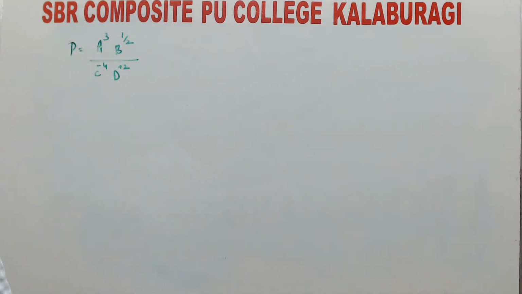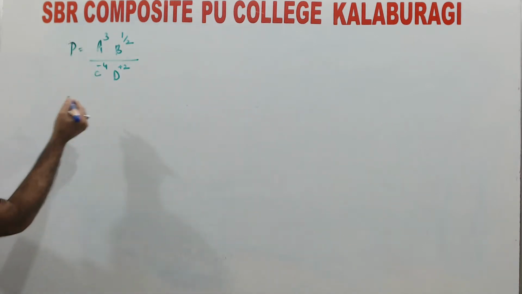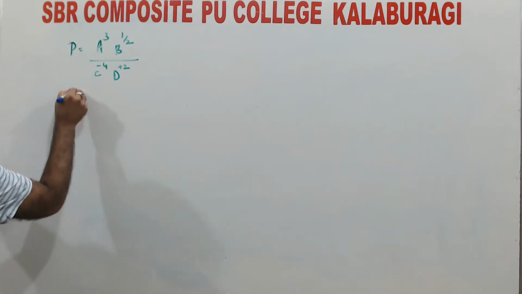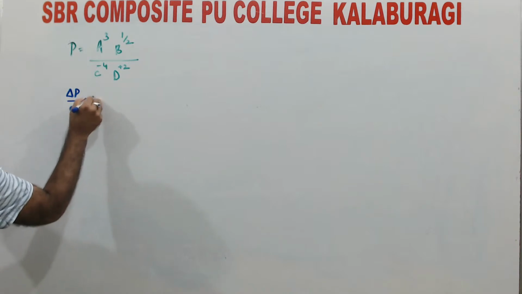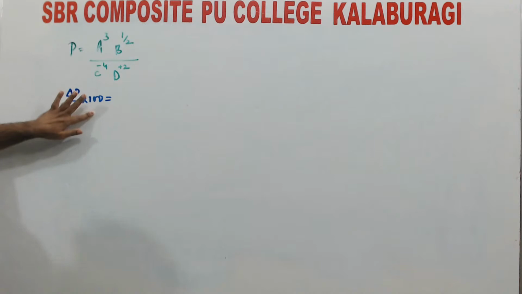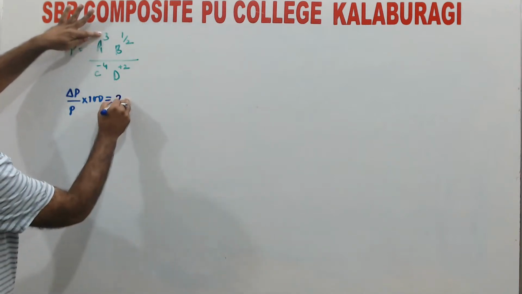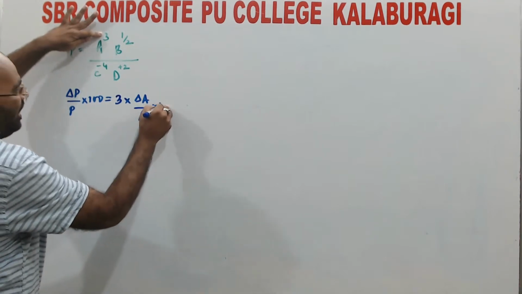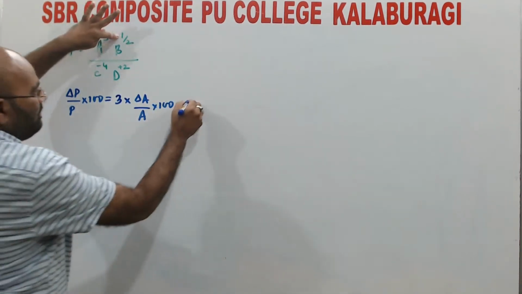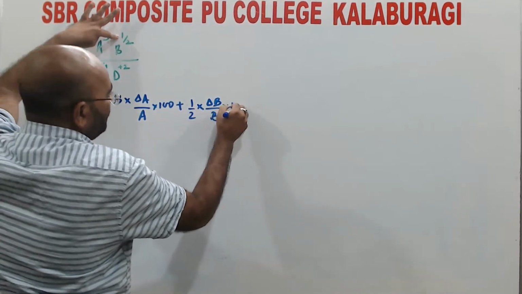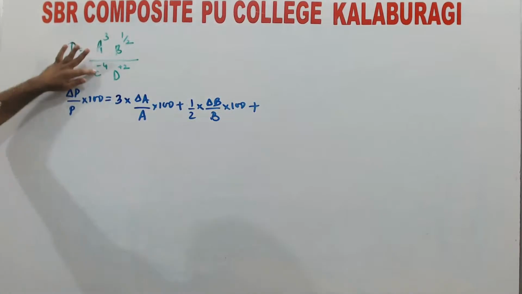For maximum percentage error, we know from the quotient rule that the percentage error of this given physical equation can be given as delta P by P into 100 is equal to 3 into delta A by A into 100 plus 1 by 2 into delta B by B into 100 plus the power -4.